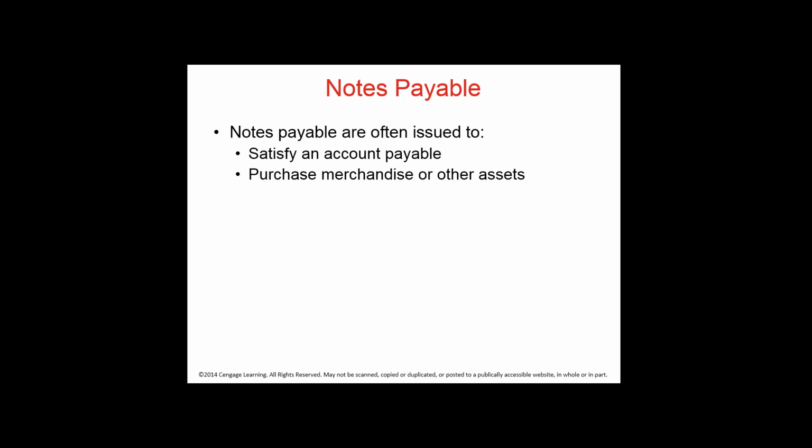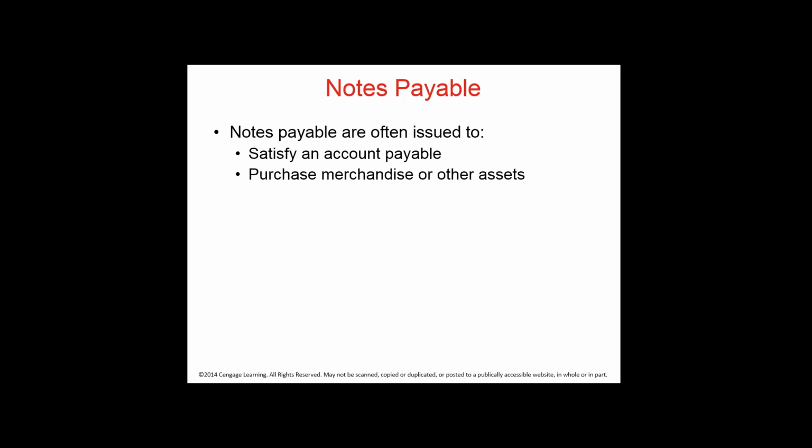First, let's talk about notes payable. Now, this portion should be very familiar to you. We've talked about notes receivable, when someone or another business owes us money and they have it on a note. Well, notes payable is just like that, except it's opposite. We owe someone else. Notes payable are issued in several different fashions.